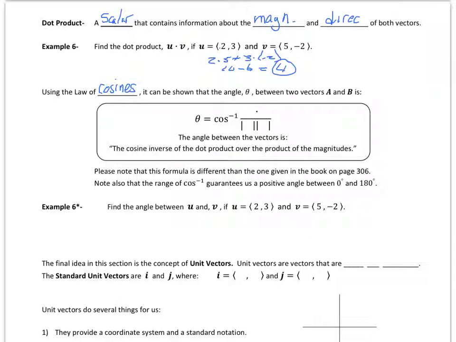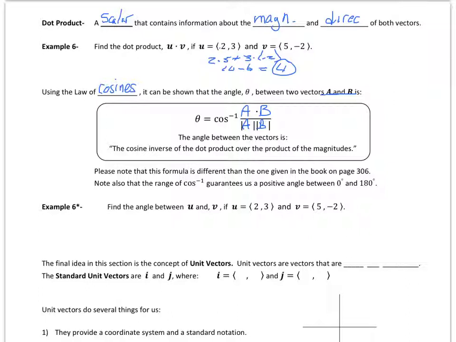Using the law of cosines, it becomes this. If our two vectors are a and b, then the angle between them is the arc cosine of the dot product divided by the product of the magnitudes of each vector.